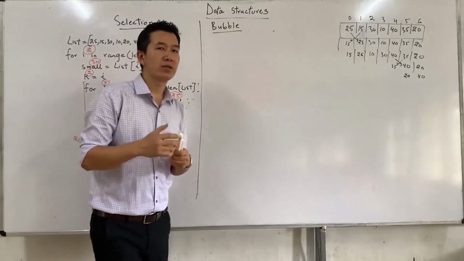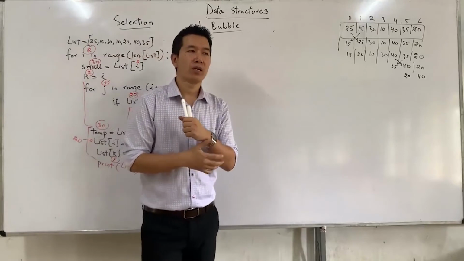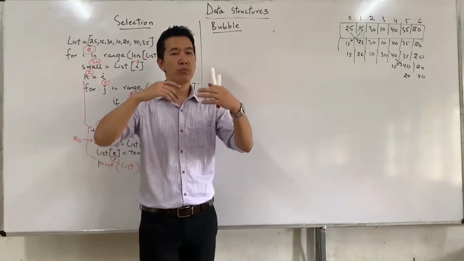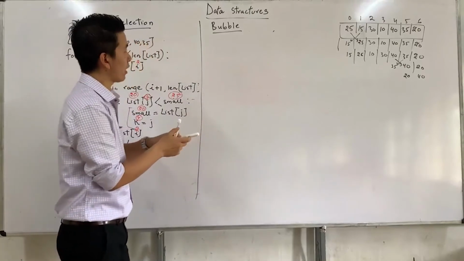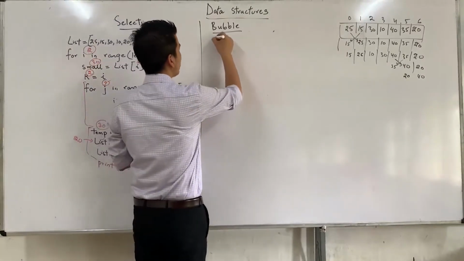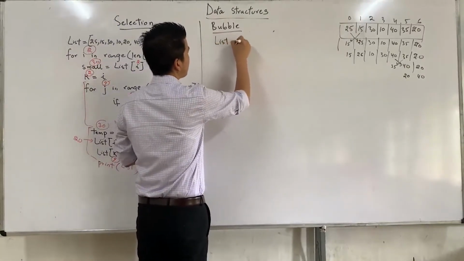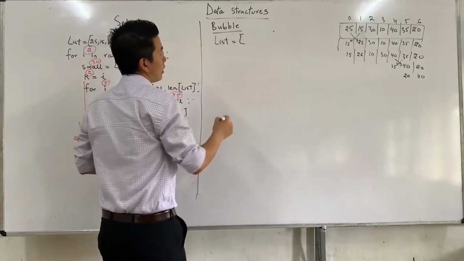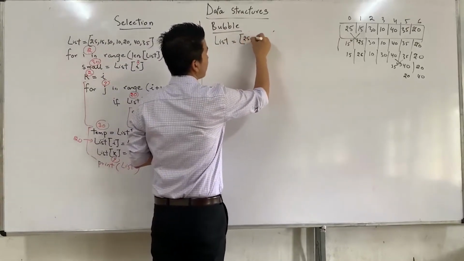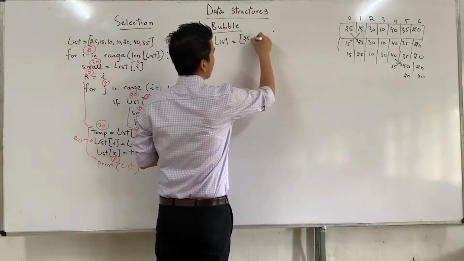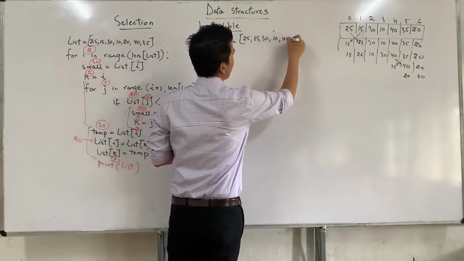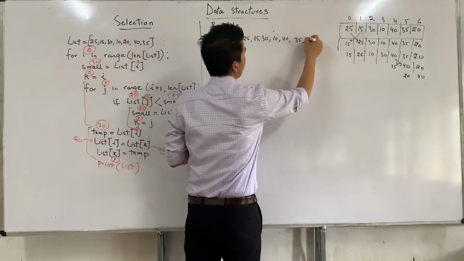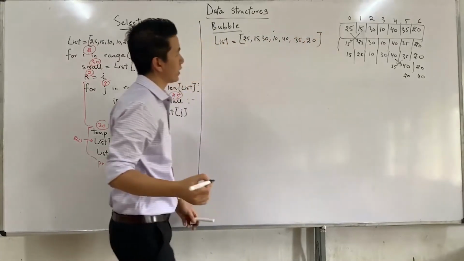Since it's been a year since you have touched upon the bubble method, you must have forgotten a bit. So let's do the program real quick. So again, I'll have list is equal to, you'll have 25, okay, 15, 30, 10, 40, 35, and then you have 20.